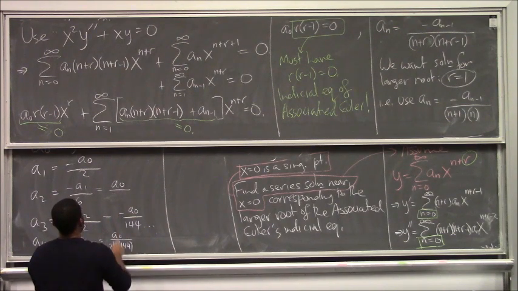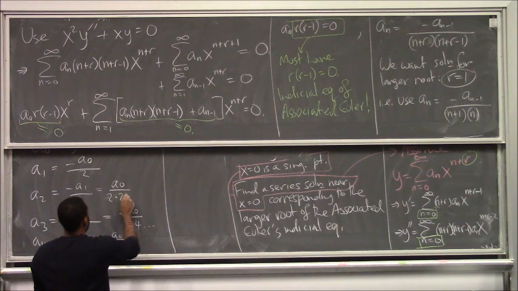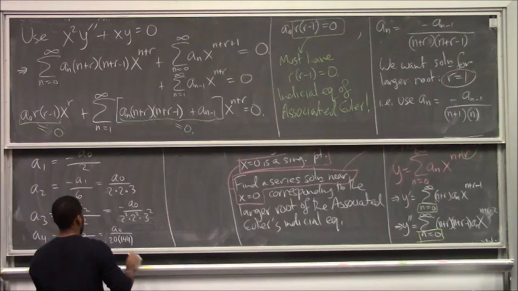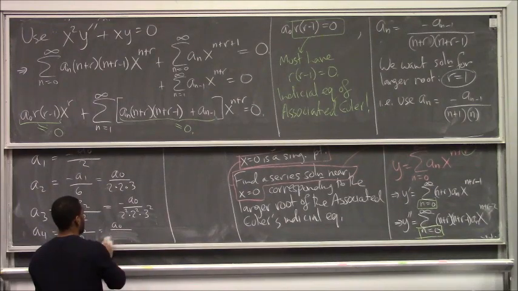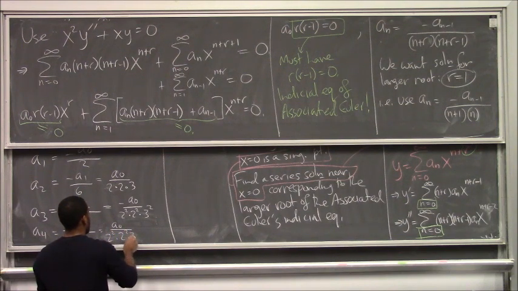This here is 2 times 2 times 3. This here would be 2 squared times 2 squared times 3 squared. Oh, wow. This here would be 2 squared times 2 squared times 3 squared times 20, which is 2 squared times 5.